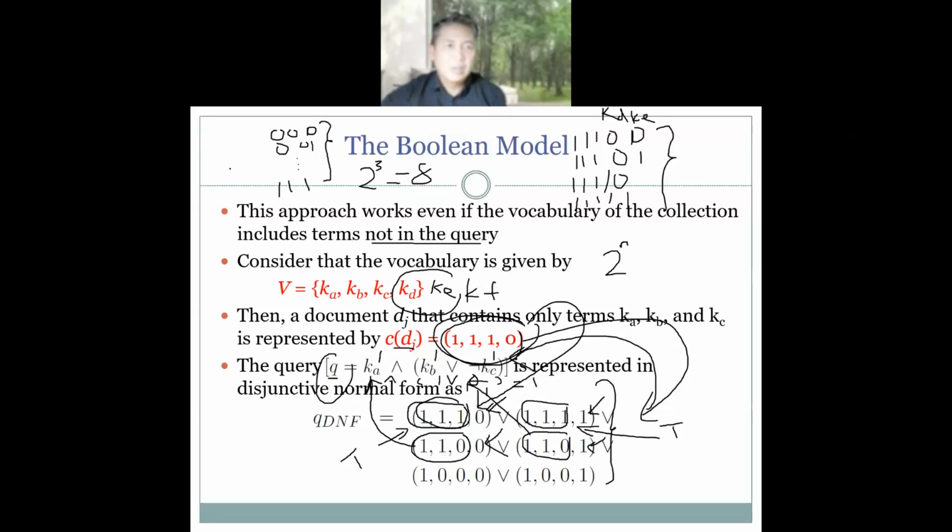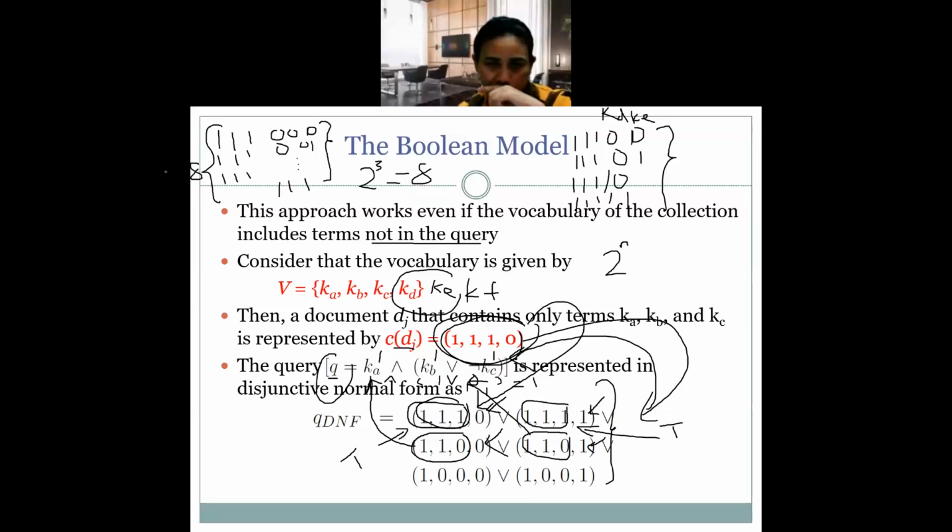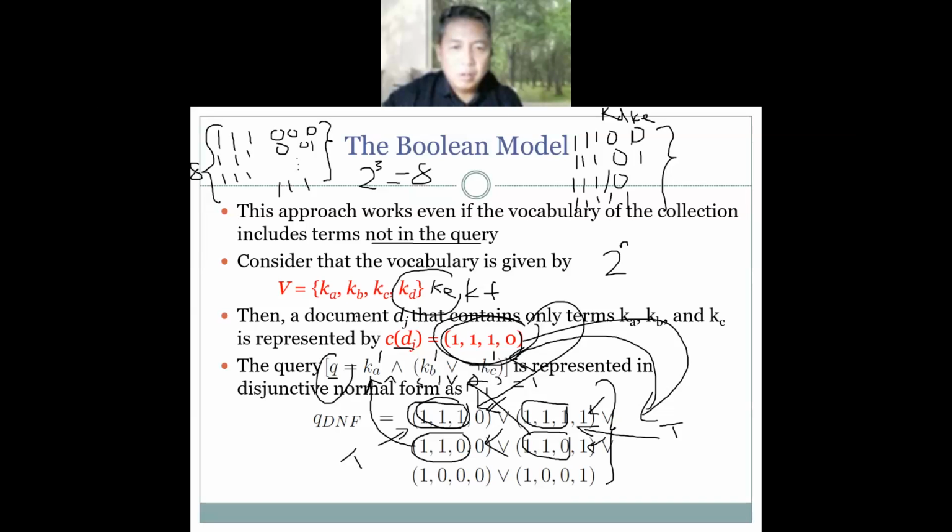The first term here that matches is 1, 1, 1, but you have 8 possible patterns that still match your document, because the query here just looks at the 3 variables only, A, B, C. It doesn't matter what the value is for D, E, and F. So all will be matched with the query.